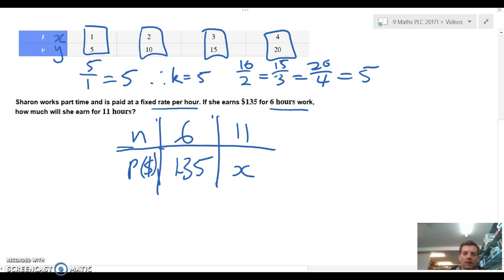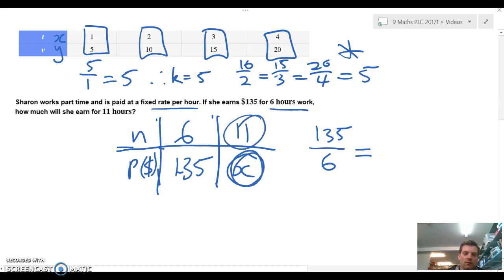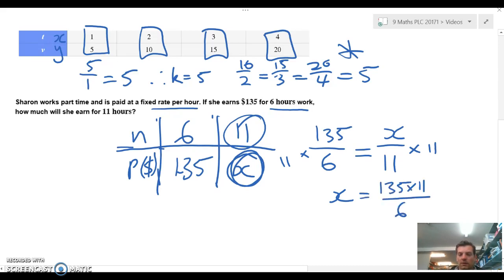So thinking about what we've just looked at up the top here, we can say that 135 over 6 is going to be the same as whatever this number is over 11. So whatever this number is, x over 11, and we can solve from there. So we've got x, we're going to multiply by 11 on both sides, which means we end up with 135 times 11 over 6.